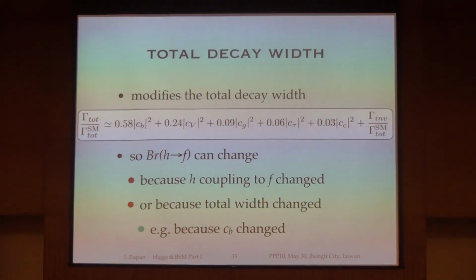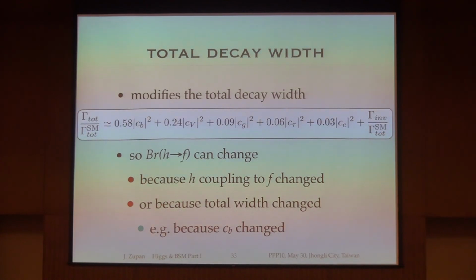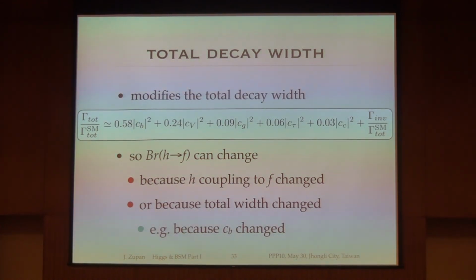If you're changing the couplings to different states, there's going to be a change in the total width. The largest contribution will be if you change the Higgs to b bbar, because that's roughly 60%, and so on for the smaller contributions. Now that's important. Why? If you change the Higgs to b bbar significantly, then you change the total width.